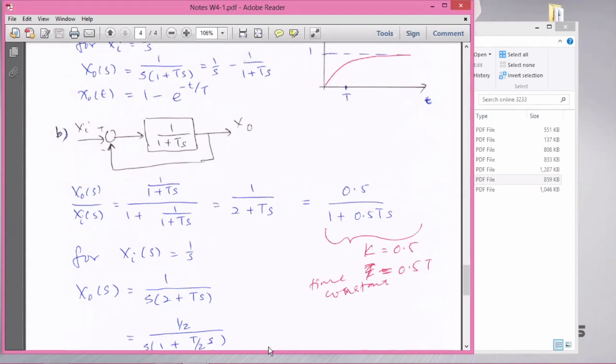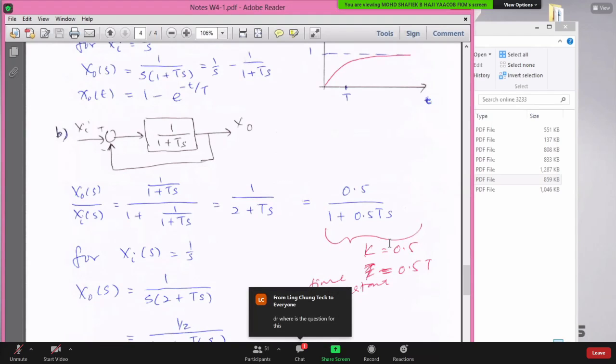You can go through the same process, but for a first order system, once you know the value of the gain and the time constant, you already have the time response.